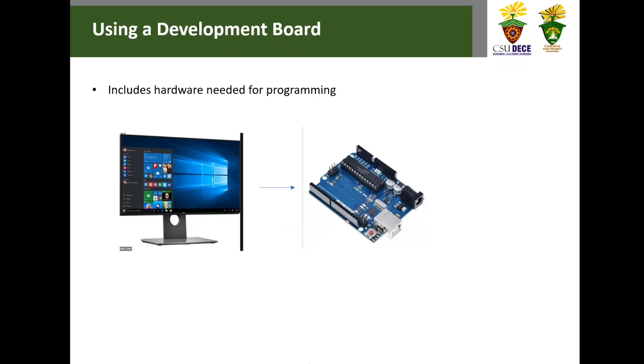So as you can see, we have here a development board, and in a development board we have this microcontroller inside. So the development board could be an Arduino, Raspberry Pi, or anything that could be a development board with a microcontroller.